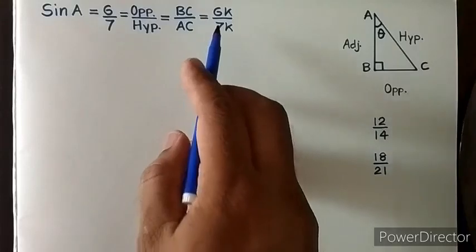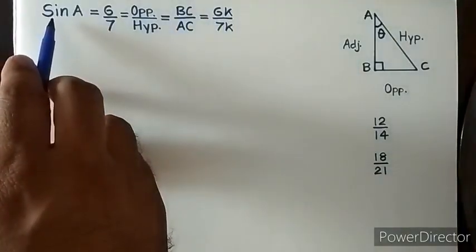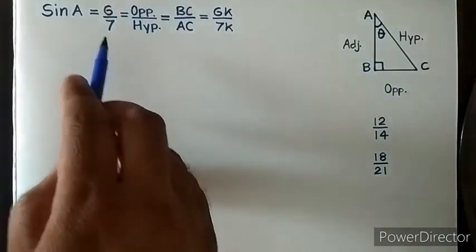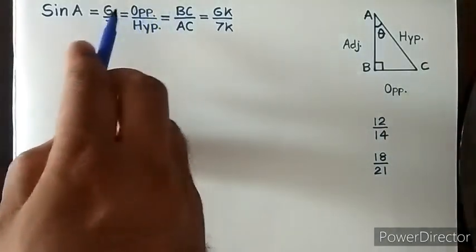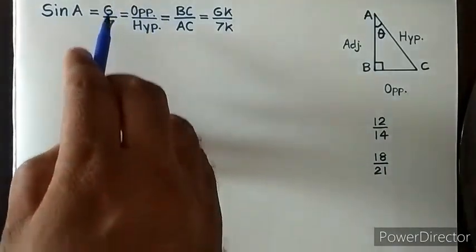Now why do we need to put this K? It's because what we have here is sine A equals 6 upon 7. It is only a ratio. It doesn't mean that your opposite side, that is BC, is 6 units and AC is 7 units. No, only the ratio is 6 upon 7.